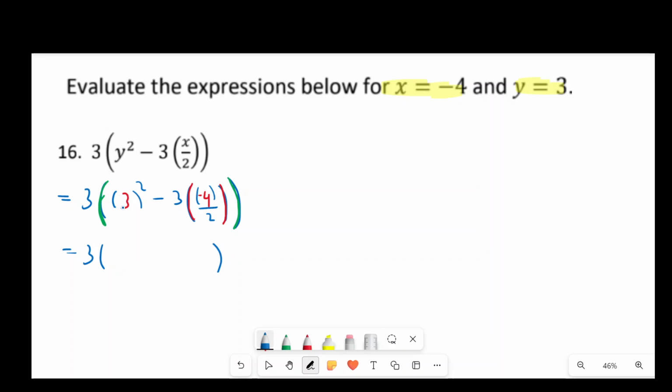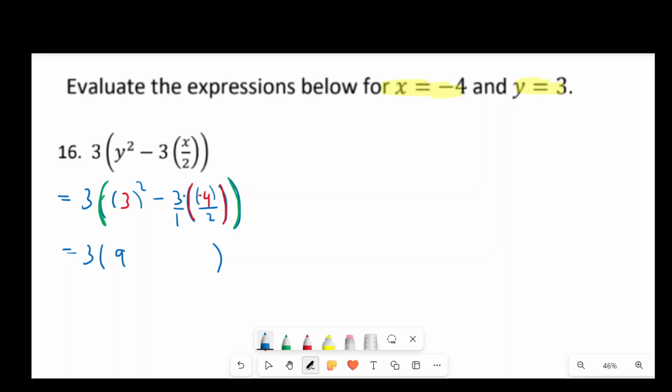So here I have 3 inside a bracket, and there's nothing to do inside that bracket, so I'm going to do 3 squared is 9. Now moving on to the second part of what's in the big green bracket, I'm going to do what I mentioned in the last question, is I'm going to multiply the fraction in the bracket by the number out front. So that means I do top times the top.